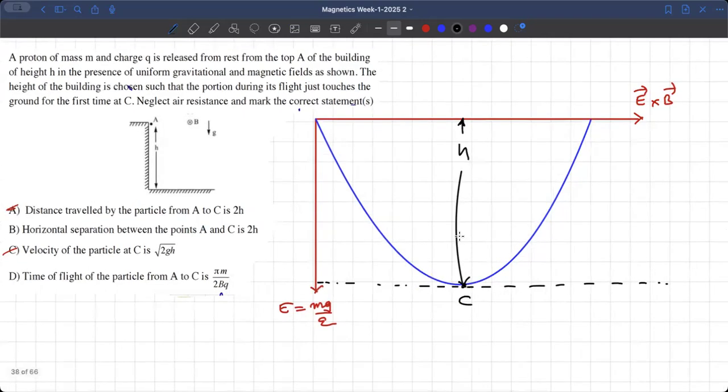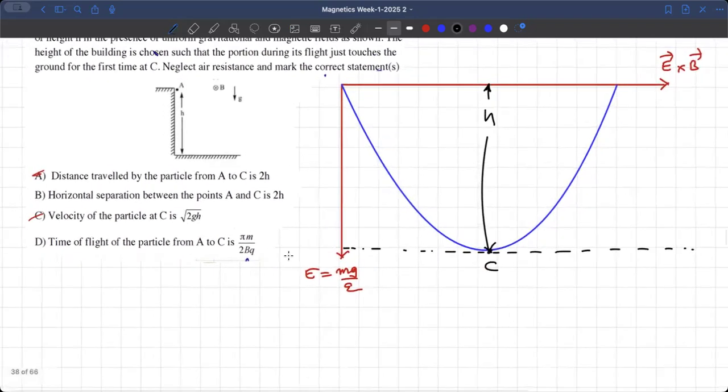Write the coordinates. Now, in the direction of E, we have just done all these things. So, the x coordinate, this is our formerly x, this is formerly our z. What are the x coordinates? Our velocity in this direction is E by B sine omega t, Vx.